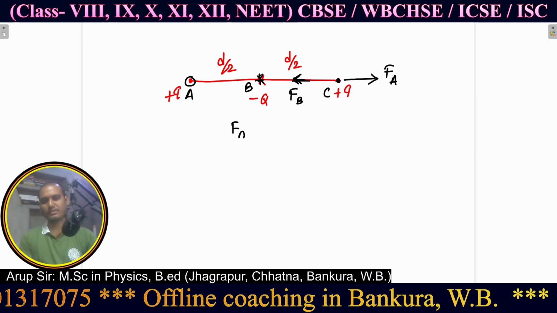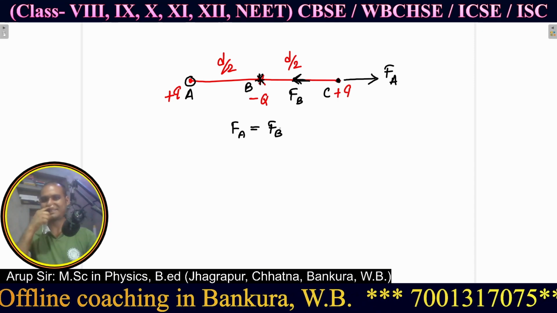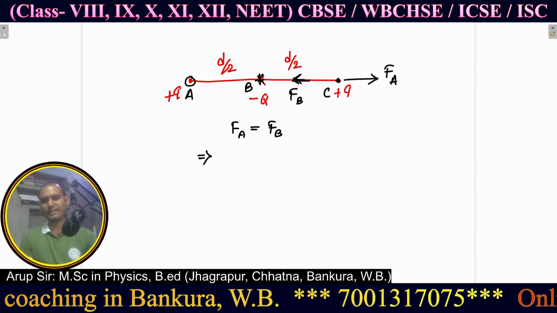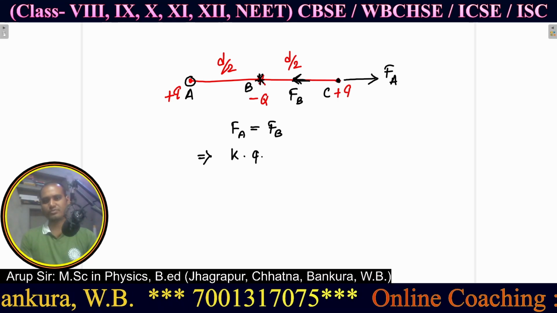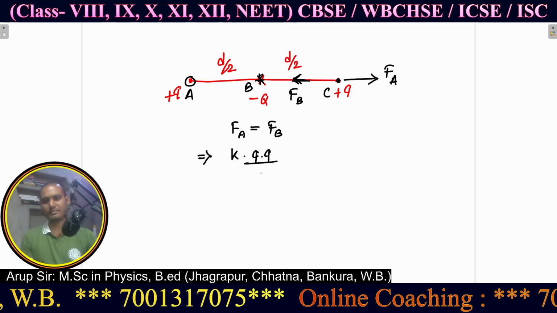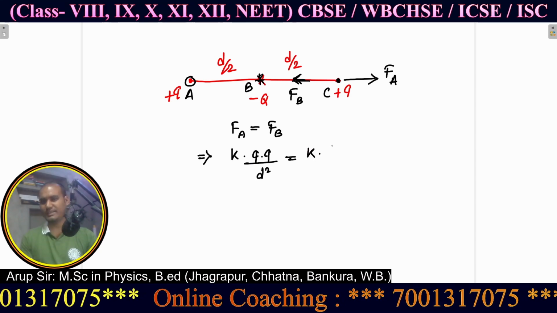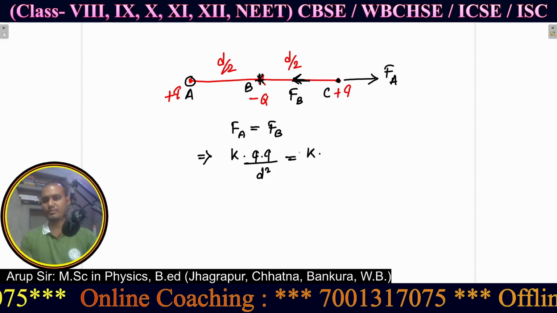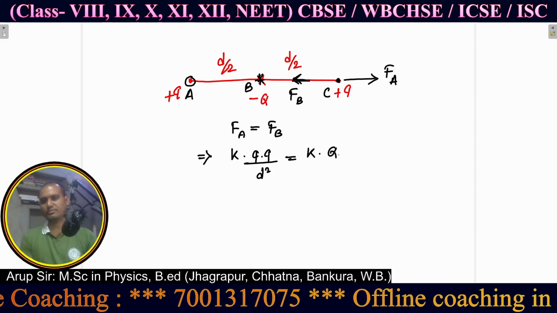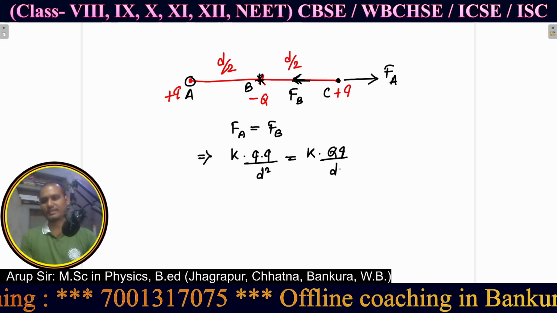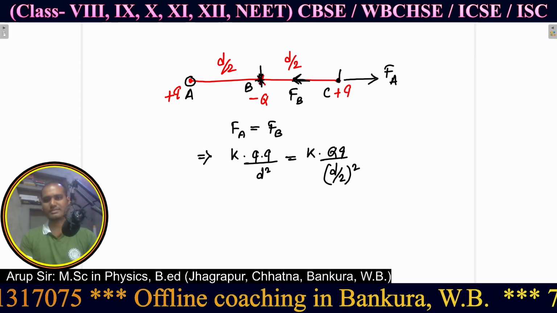And we can write FA equals FB in the equilibrium condition, right? FA is K into q into q divided by d square, equals K into FB. FB is the force given by this minus Q charge, right? So q into Q divided by d by 2 whole square, because the distance between these two is d by 2.